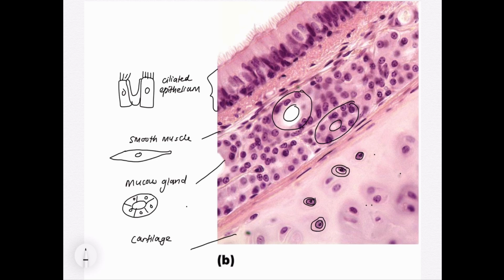The cartilage cell will be known as chondrocyte, and the transparent liquid surrounding it will be known as lacuna. This will be the distinct feature of a chondrocyte, which is found within the cartilage. Therefore, once you identify the cartilage and the ciliated epithelium lining, you will be very sure that you're looking at a trachea.